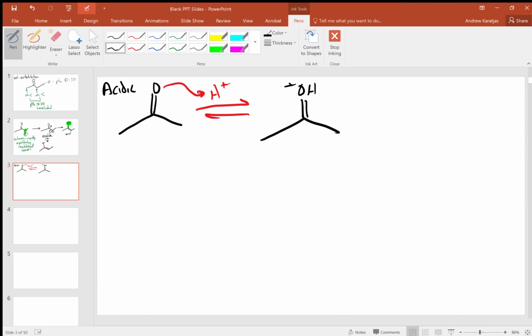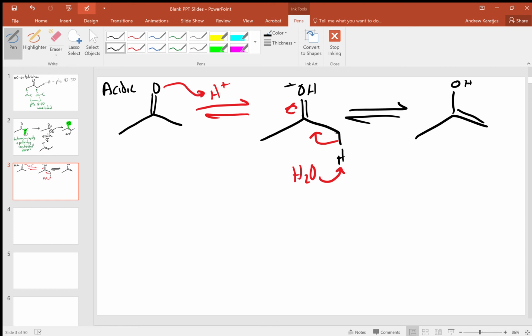Well, under acidic conditions, the alpha carbon is going to need some help in being deprotonated because we don't have as strong a base present. About the strongest base we're going to have is water. And so water, not a good enough base on its own to deprotonate the alpha carbon of the carbonyl, but once you protonate it, once you activate it, makes it more reactive. Water can remove that hydrogen, and we form our enol.